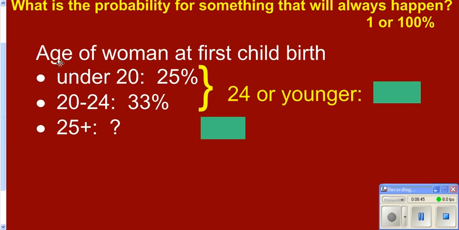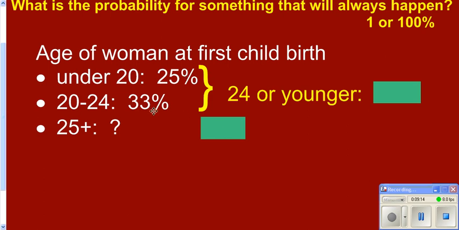Now consider this data here where you're given the age at the first birth of their child. For women, under the age of 20 is 25%, between 20 and 24 is 33%. If you're over 25 years of age, would you be able to figure out that percent? I would assume most of you would, because all 3 of these percents would have to add up to 100%.